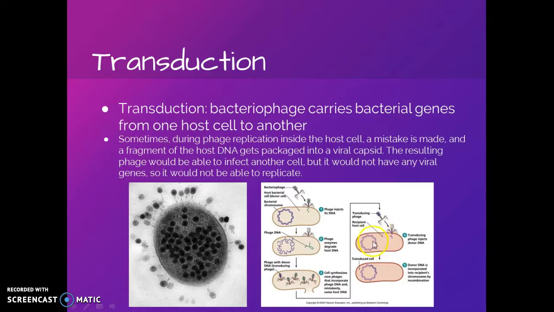So normally this cell would have been attacked by a virus and been taken over, but now this cell is simply receiving new bacterial instructions. This is recombination because it is getting new bacterial instructions. It's a mistake on the part of the bacteriophage, but it works out in the bacterium's favor. It ended up getting a new variety of genes.